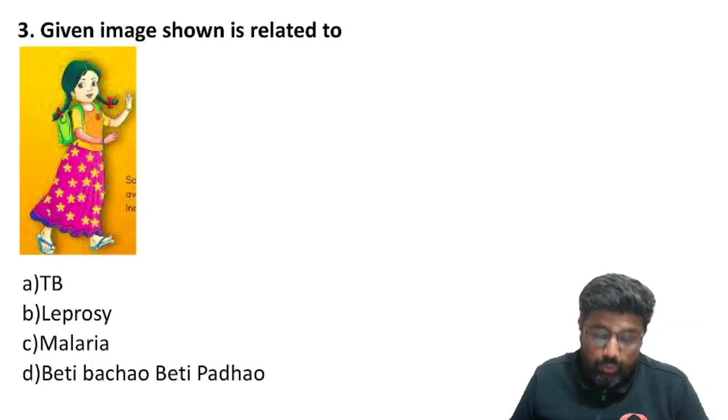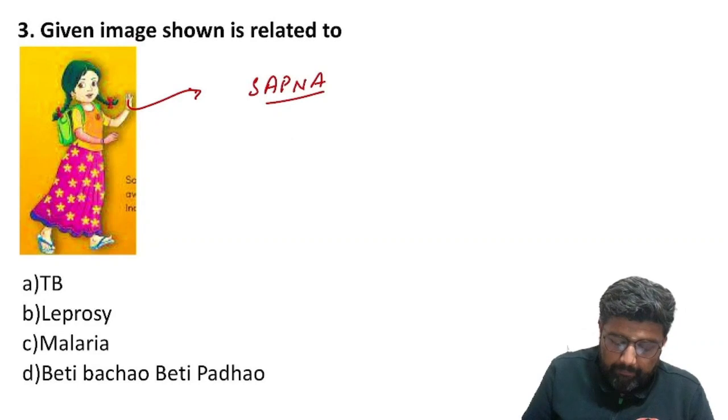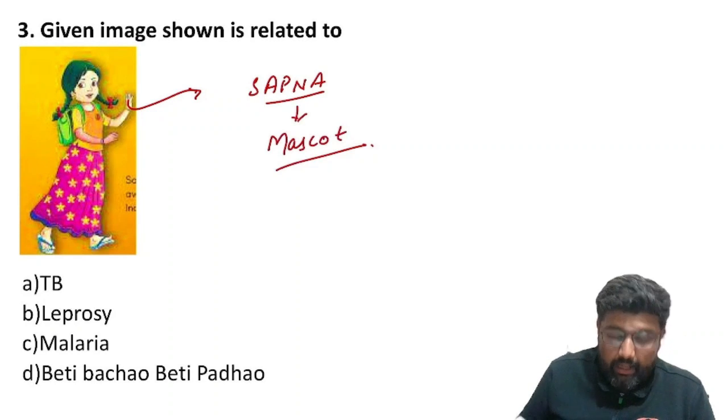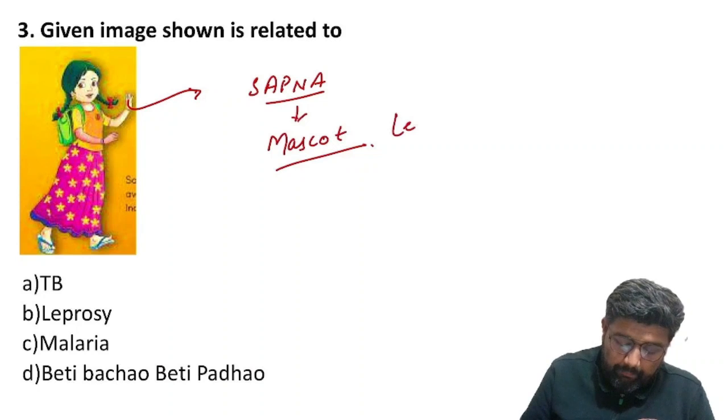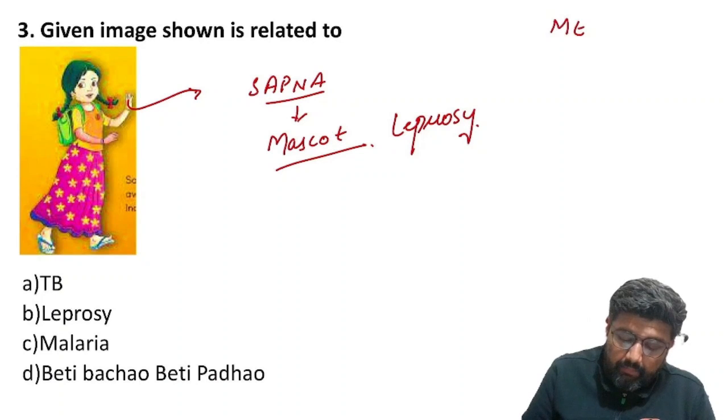Given image shown is related to... So this is Sapna. Sapna is a mascot and she is related to leprosy. There is another mascot, Meena.